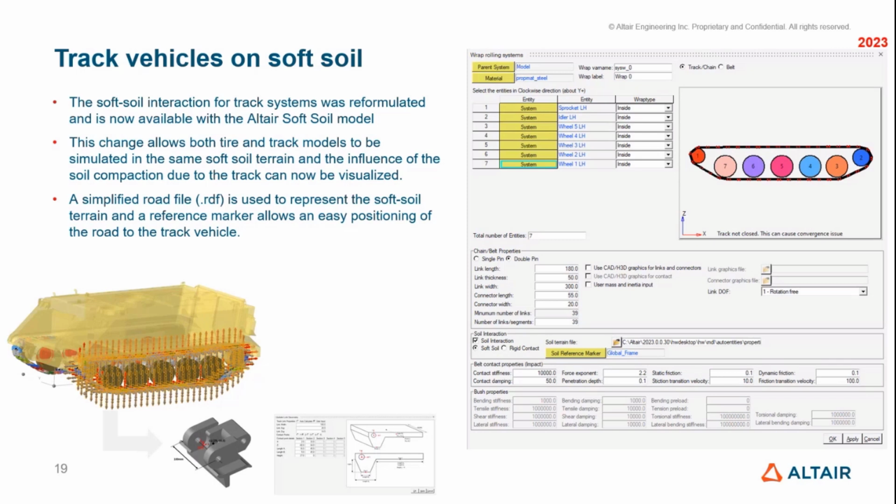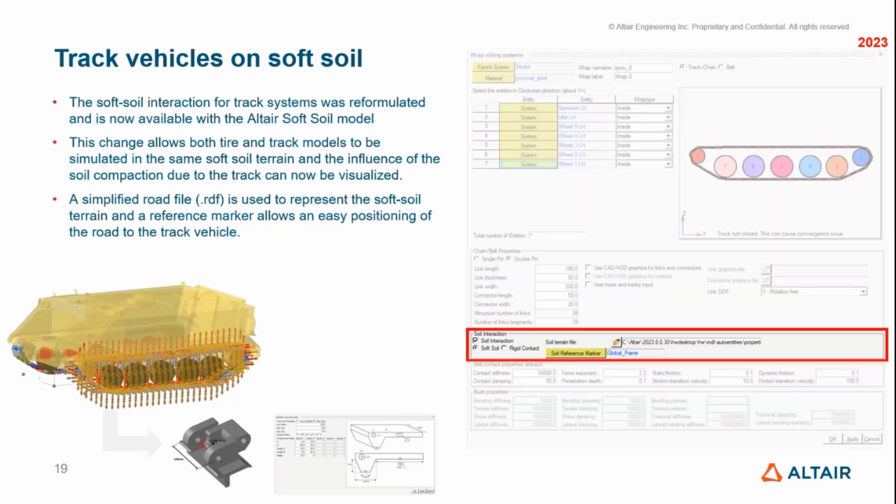In the track builder, what before was a very complex feature to add is now a very simple thing. Under the soil interaction, there is a single location where you can specify the Altair soft soil model, which is basically a road file, .rdf, and a reference marker to specify where the soil is positioned in the model.